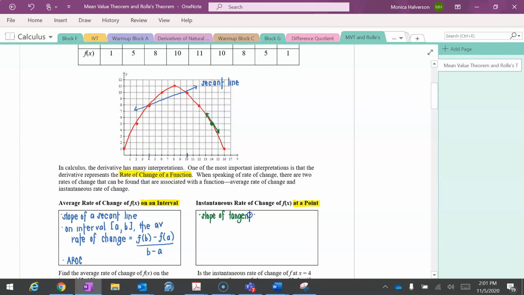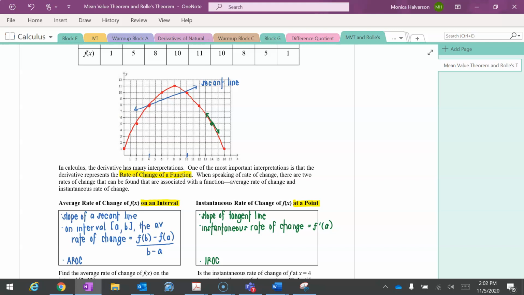This is the slope of the tangent line, which means that the instantaneous rate of change is always going to be equal to finding the first derivative at that a value. And this is known as IROC, instantaneous rate of change. So depending on what the question asks you determines how you find it.